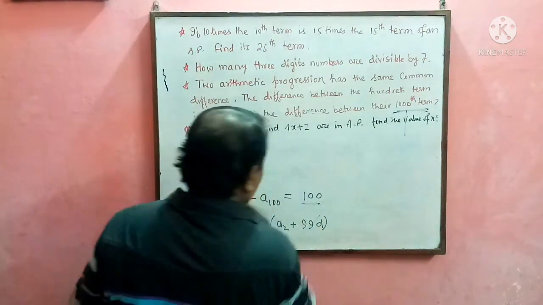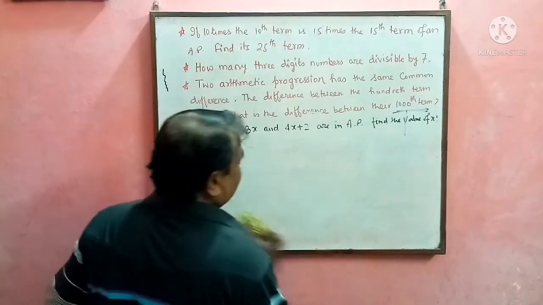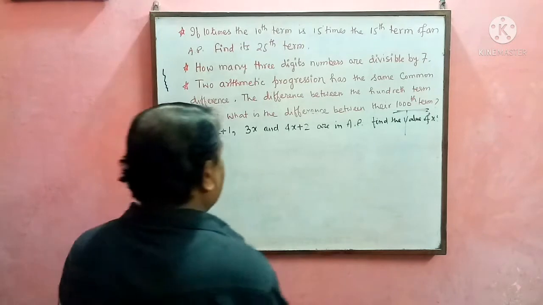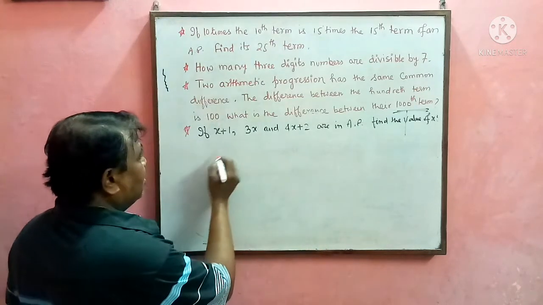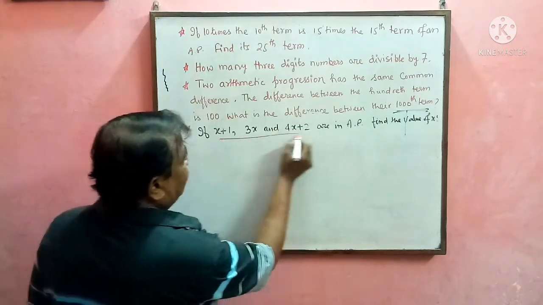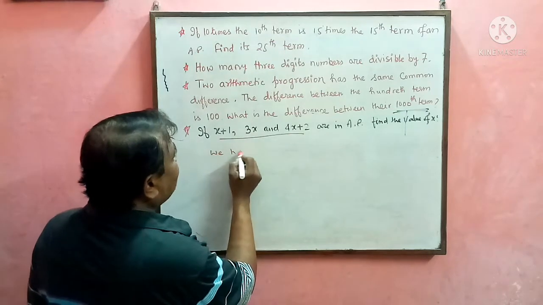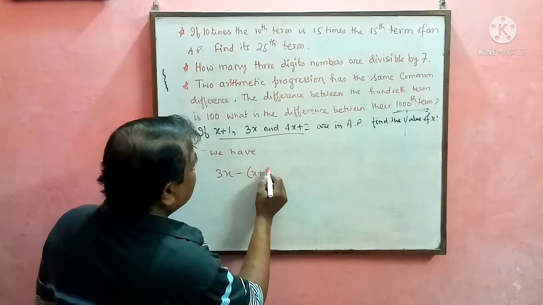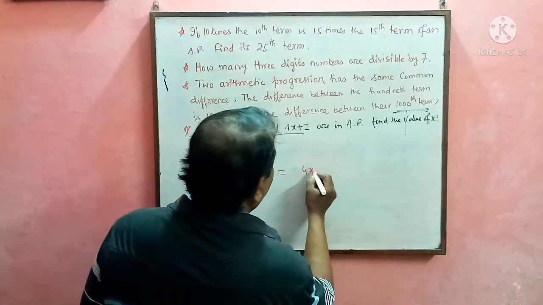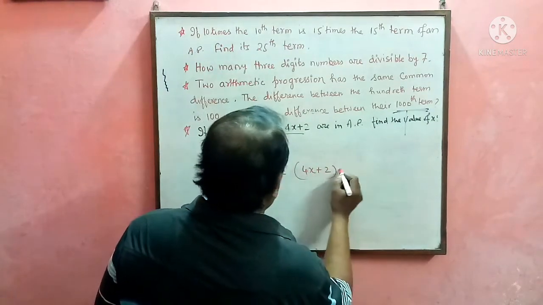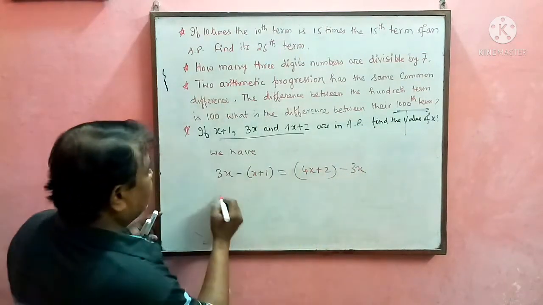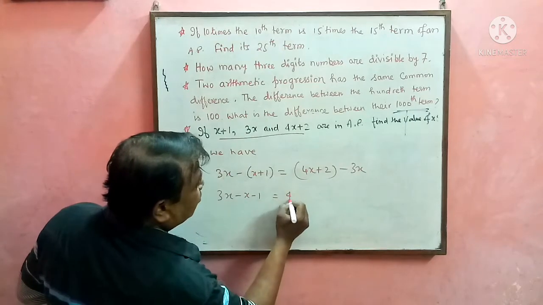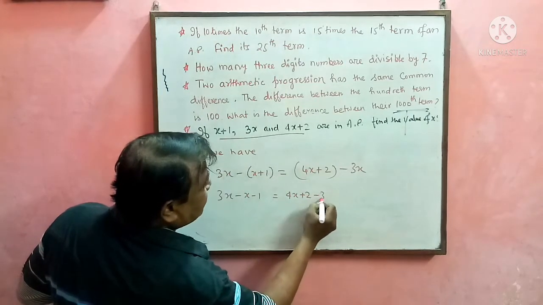Now I have tried to explain. You may be asked to find the value of x, like if this way the terms are given, these are in AP, find the value of x, because this is the common sense we have. Since these are in AP, what we have is second term minus first term is equal to third term minus second term. This way, it is 3x minus x minus 1 is equal to 4x plus 2 minus 3x.